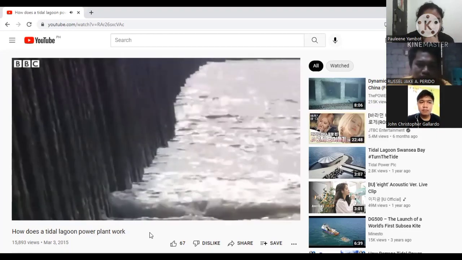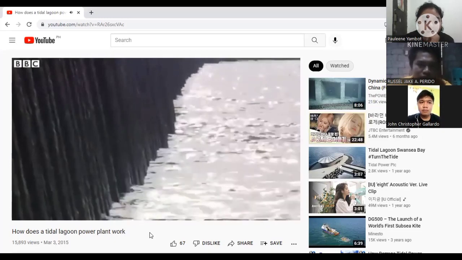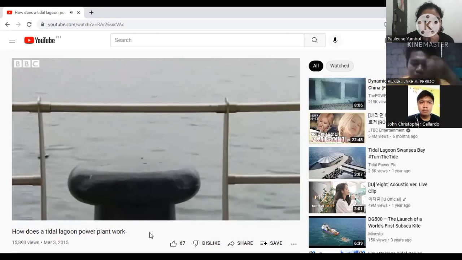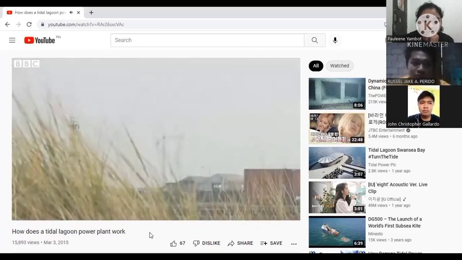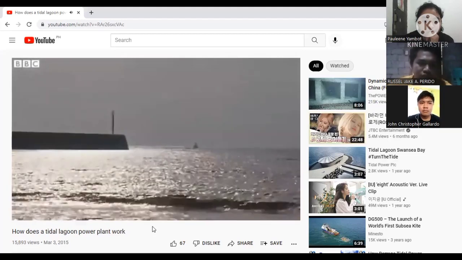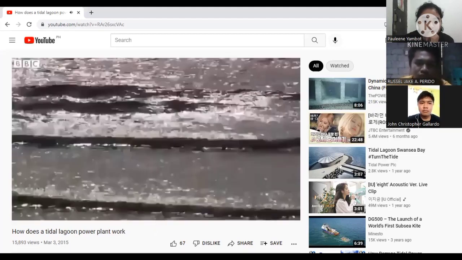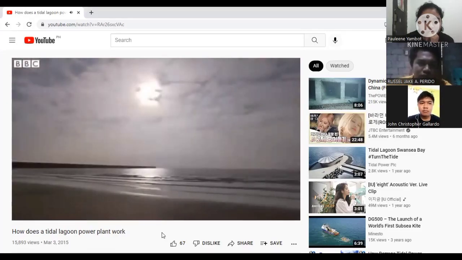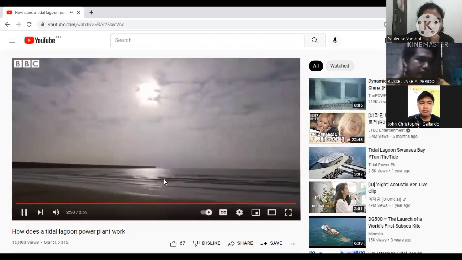The developers claim a second lagoon they want to make at Cardiff will provide energy for about the same cost as nuclear and much more safely. Ministers are committed to getting almost all our electricity from low carbon sources. They hope a fleet of lagoons round the coasts of Britain will prove affordable as well as reliable. Roger Harrabin, BBC News, Swansea.